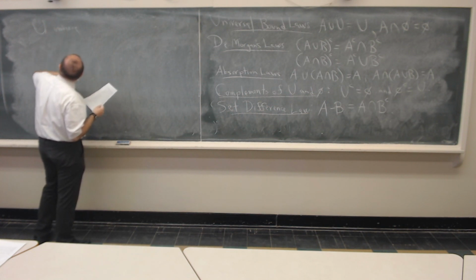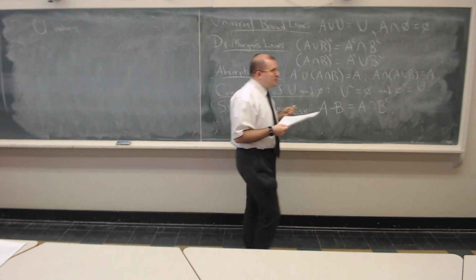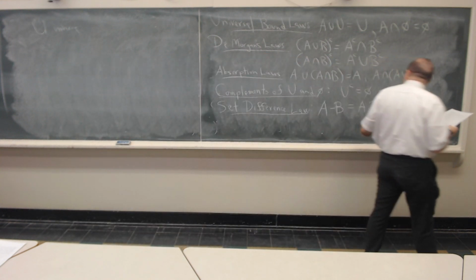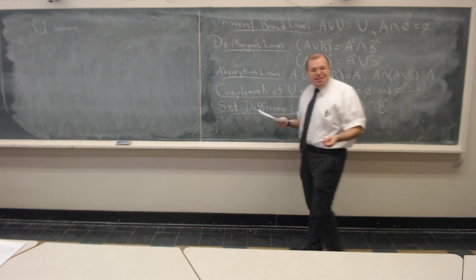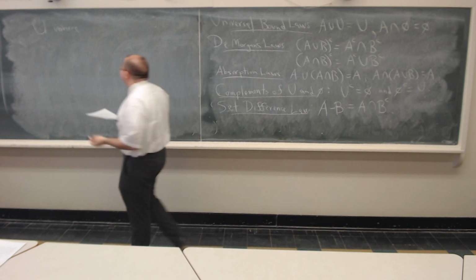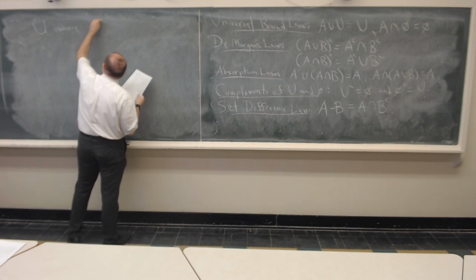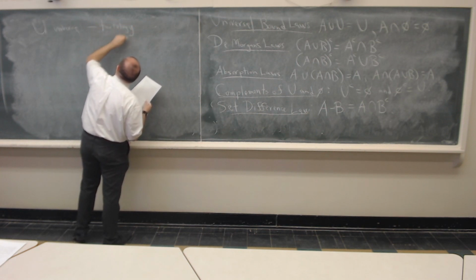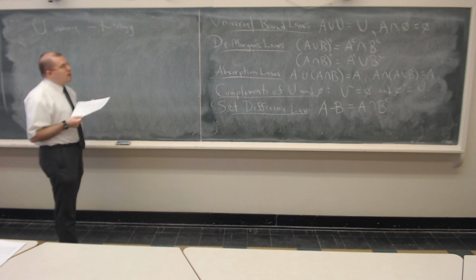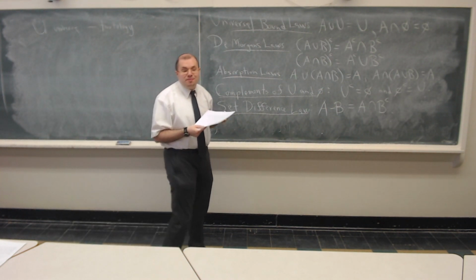This is just the universe. If you look at our list here, if I give you the universe, everything is contained in the universal set, right? It's kind of like if I gave you a tautology. If you look at some of these laws, the way the universe operates, it operates just like a tautology.